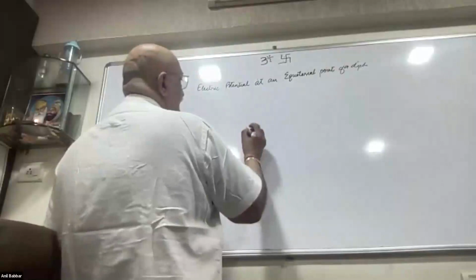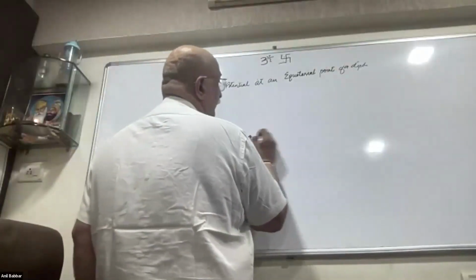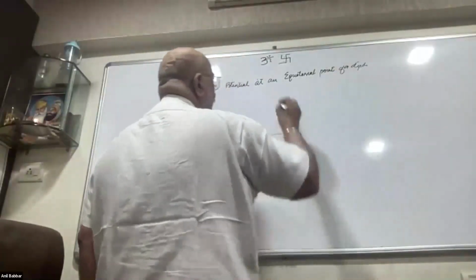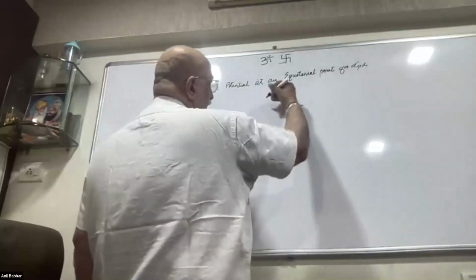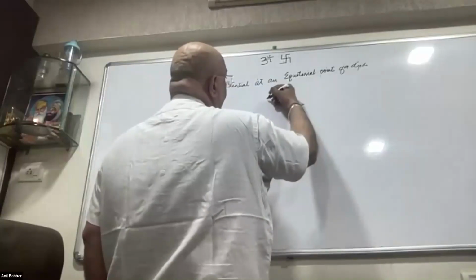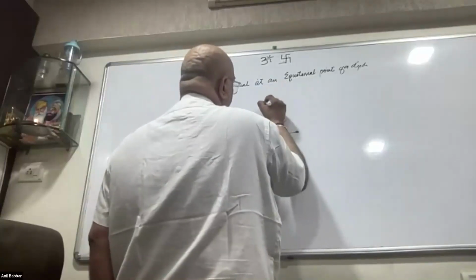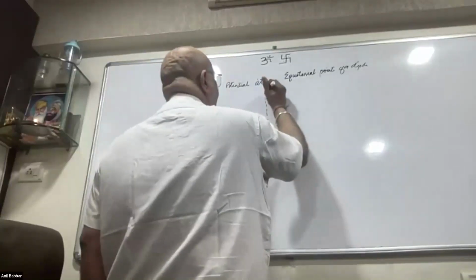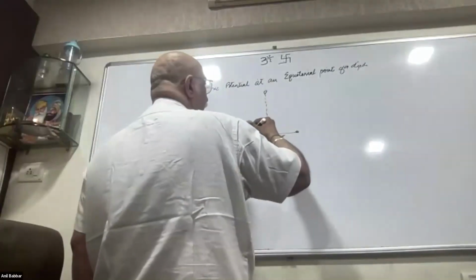Let's see. So here is a dipole. So we need to find a point P which lies on the perpendicular bisector of this. So here it lies P.